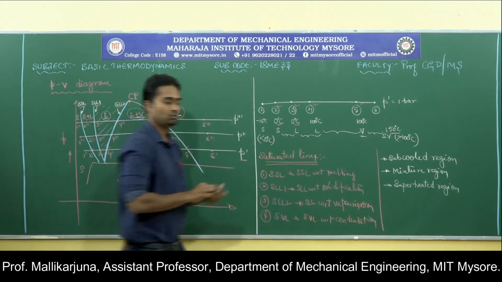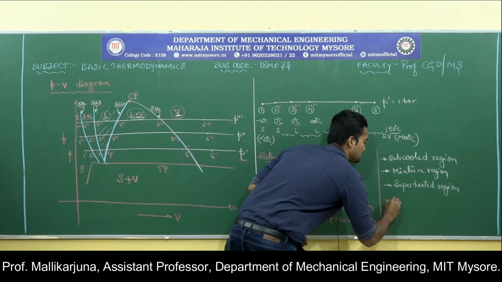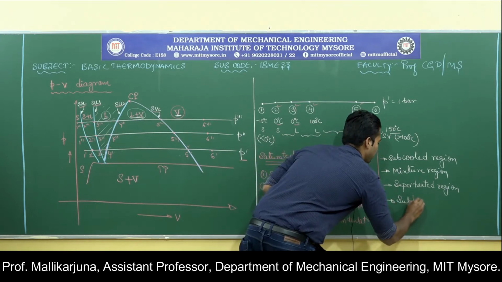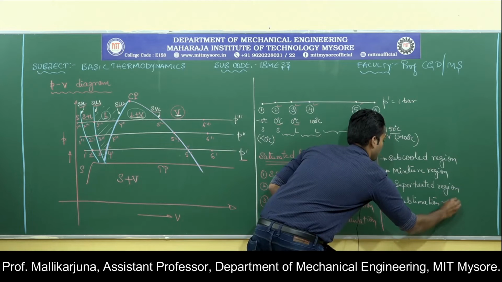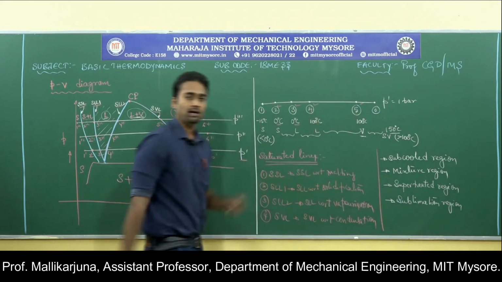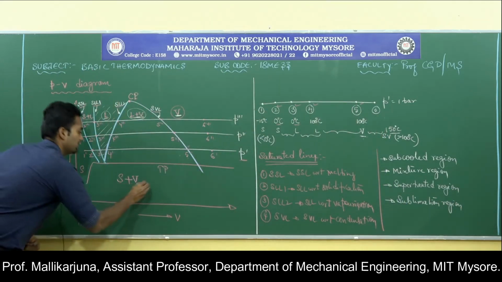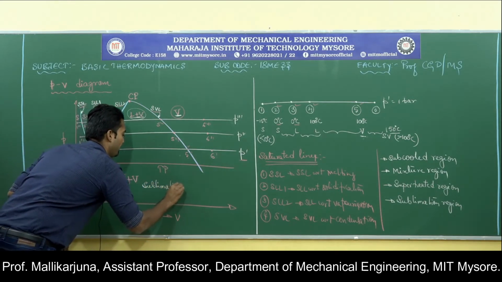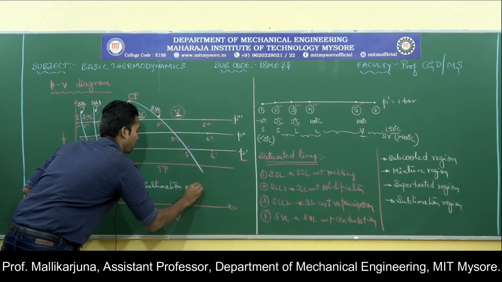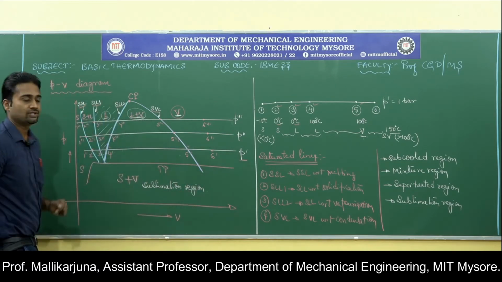And the last region is the sublimation region. This we haven't talked about. Sublimation region is nothing but this region. I will come back to this region at the end.